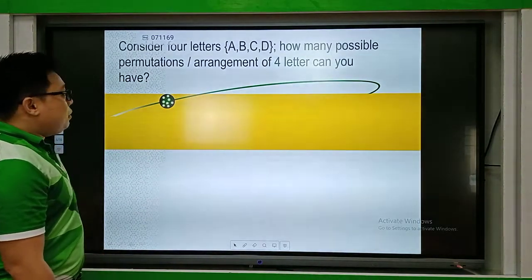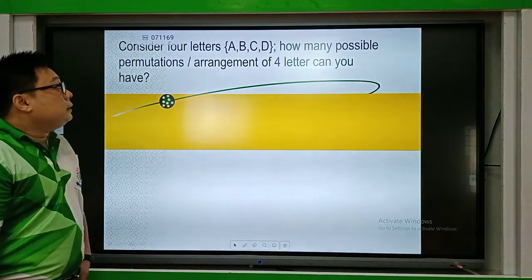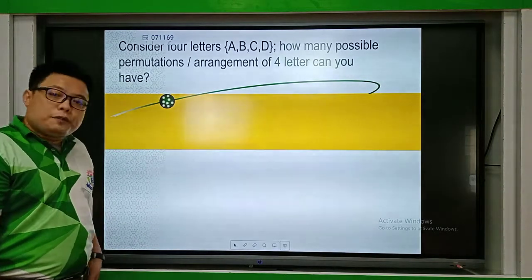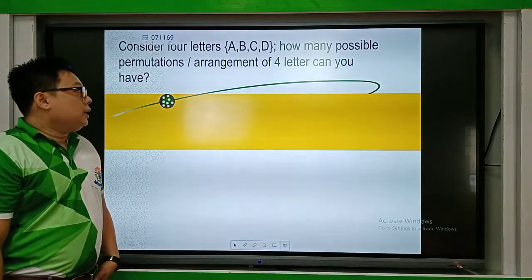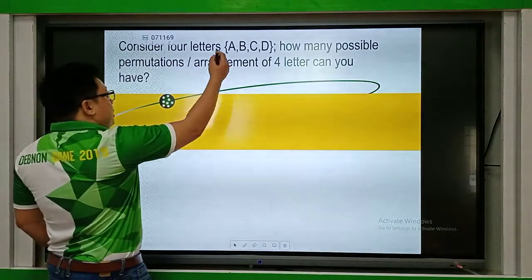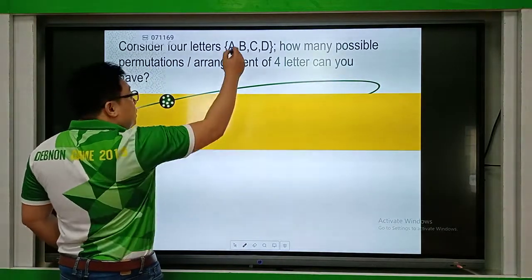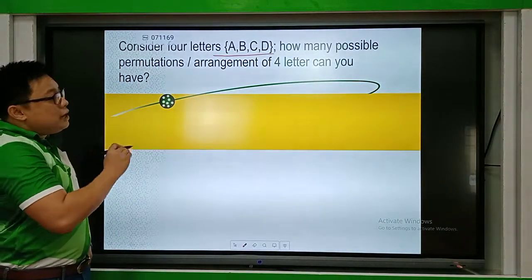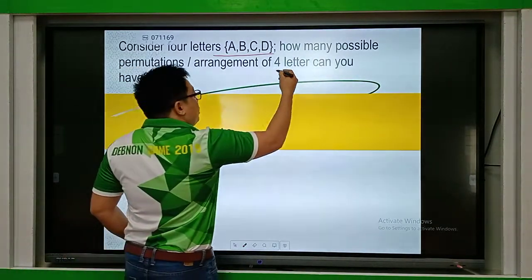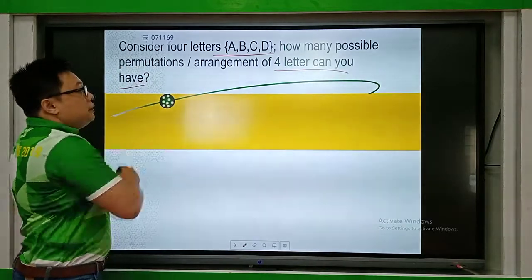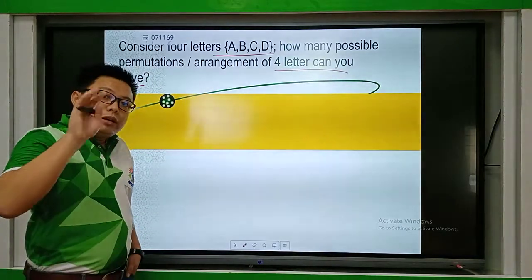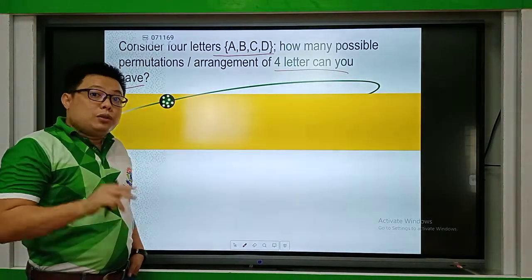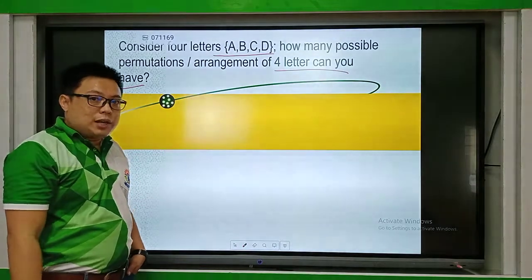How about if I want to use 4 out of 4 letters? Consider the same 4 letters, A, B, C, and D. How many possible permutations or arrangements of 4 letters can you have? That means 4 letters, and we also use 4 letters at the same time.